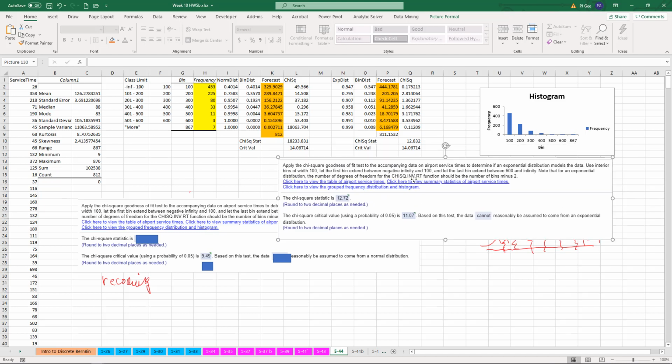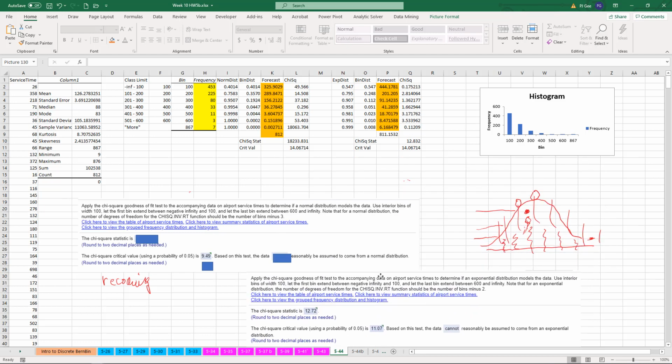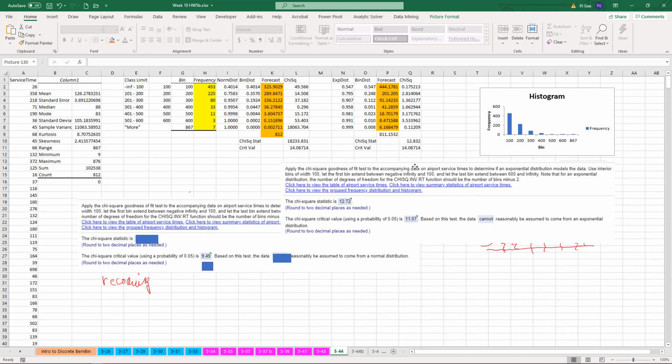So they claim that the chi-squared critical value was 11.02 or 11.07. Okay, so they're claiming it cannot reasonably be assumed to come from an exponential distribution, but we're really close on this one. These two numbers are so close that, as I said, I'll send this out as an email, as a note to everybody, and see what everybody else gets on this. See whether you come up with the right answer.